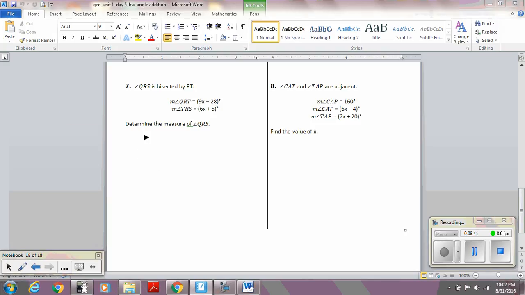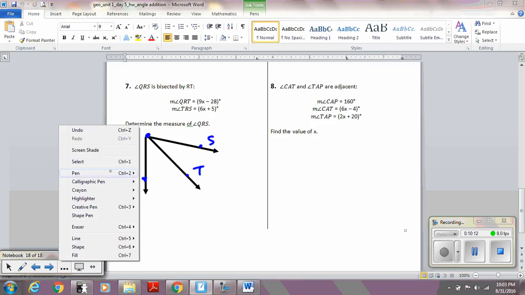So we have angle QRS being bisected by RT.